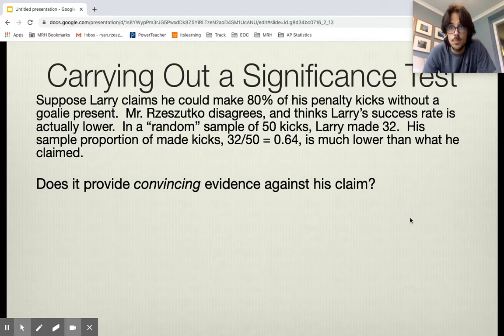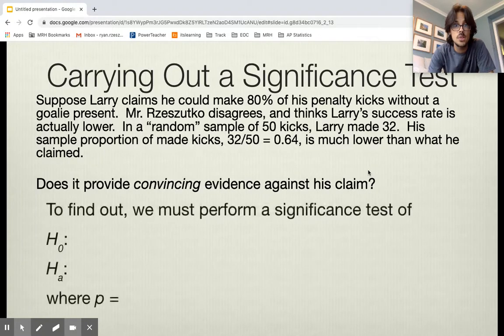But we managed to obtain a sample of 50, and we found that Larry made 32 out of the 50, which is 64%. So that's kind of what's going on in this problem. Larry claims he's 80, but we got 64. And we're going to look at that difference between those two things, 80 versus 64, and make a conclusion based on that.